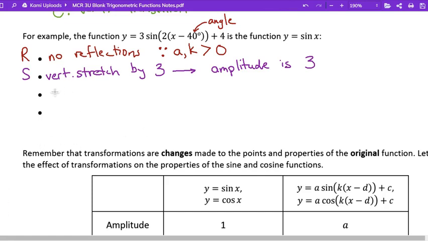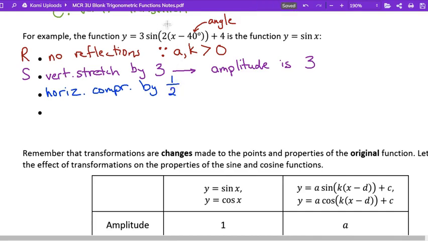Well, we have another stretch, and that's the horizontal one. Now, let's think about this. Is it going to be a horizontal stretch or a horizontal compression? Good. By what? Did you say 1.5? Just 1/2. Yeah, 1 over K, 1 over 2. So we have a horizontal compression by 1 over 2.